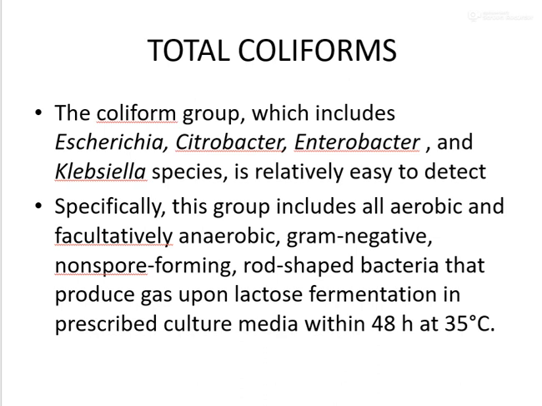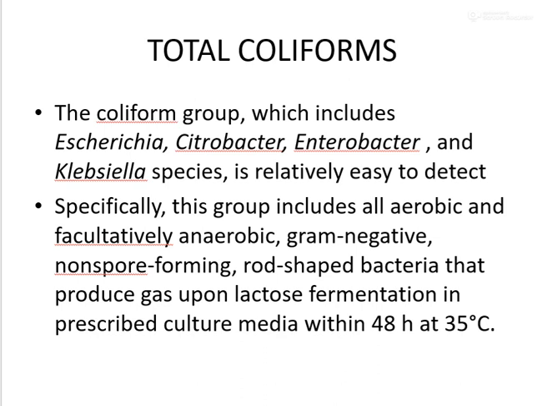It is non-spore forming. You know what a spore is? A spore is something which is produced by a bacteria when adverse conditions come. So the coliforms are non-spore forming and they are rod shaped. And regarding growth, they can include aerobic as well as facultatively anaerobic forms.